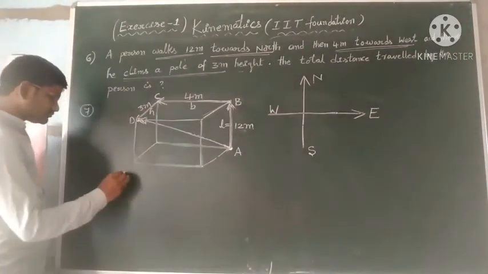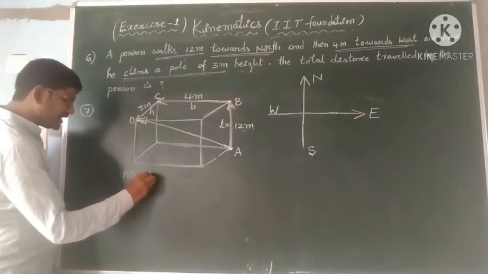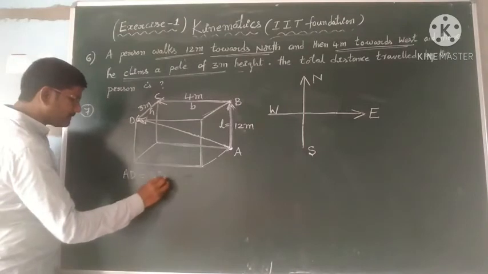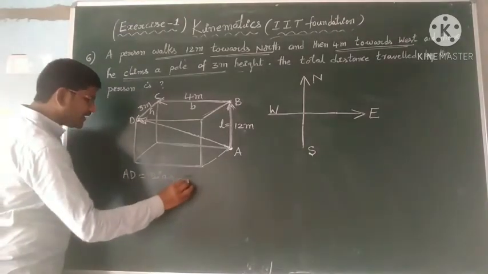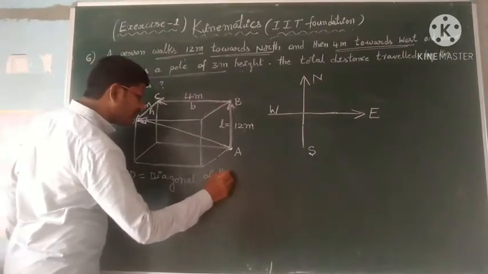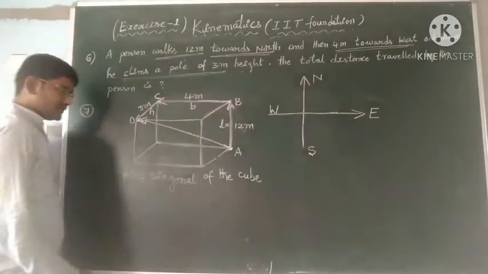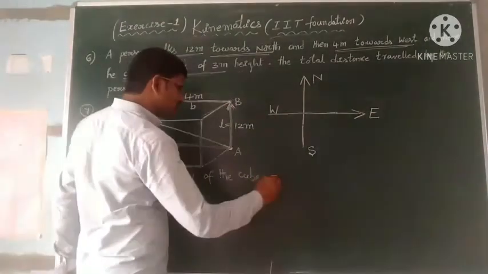So AD is a diagonal of the cube. AD is the diagonal of the cube. So which is the displacement in this situation?